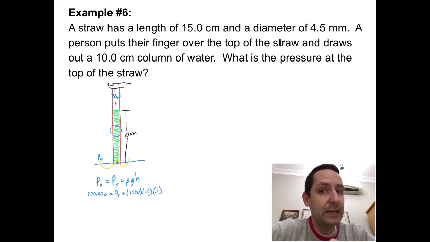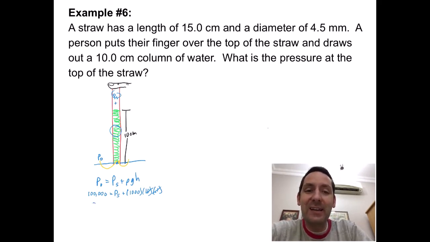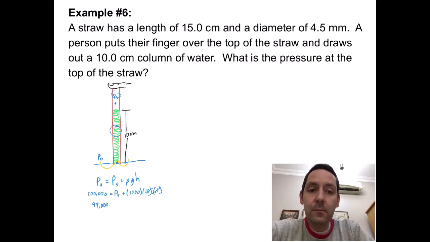Remember, everything needs to be an SI unit so that I end up in pascals. Now the 10 and the 0.1 are actually just going to cancel each other out. Subtract the 1,000 to the other side, and I get simply 99,000 pascals equals the pressure in the straw.